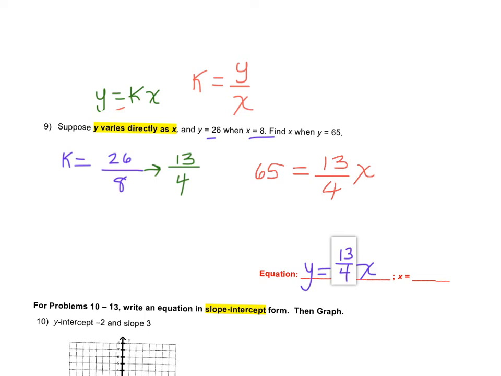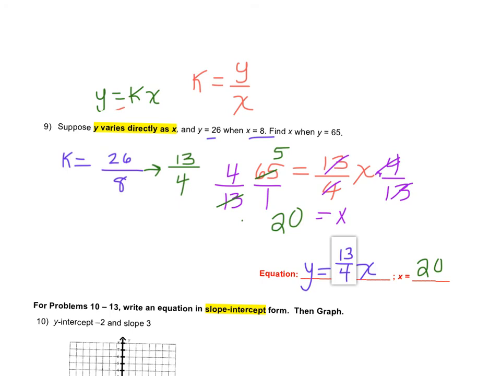Divide by 13/4, which is the same thing as multiplying by the reciprocal. Multiply by 4/13 to both sides. Correct? I get x is equal to 13 goes into 65 5 times, 5 times 4 is 20 over 1. So x is equal to 20.